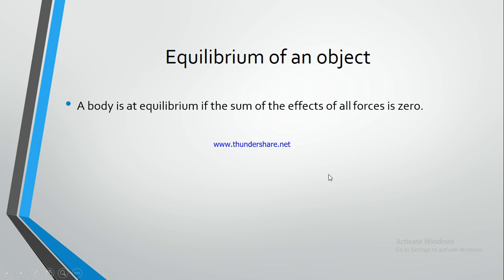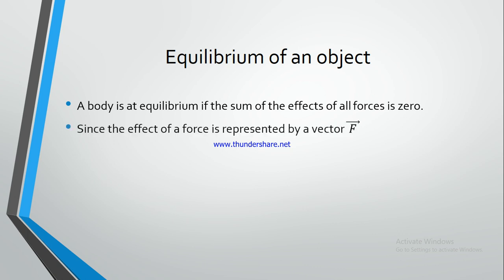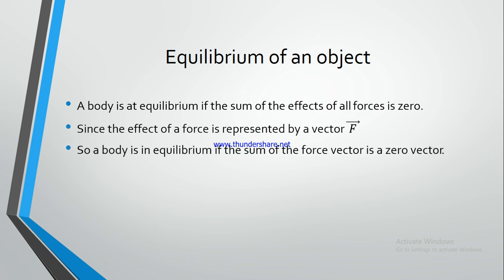What we mean by uniform is that the speed should not change, so it has a constant speed. And since we represent the effect by a vector, the object is at equilibrium if the sum of all these vectors is a zero vector.